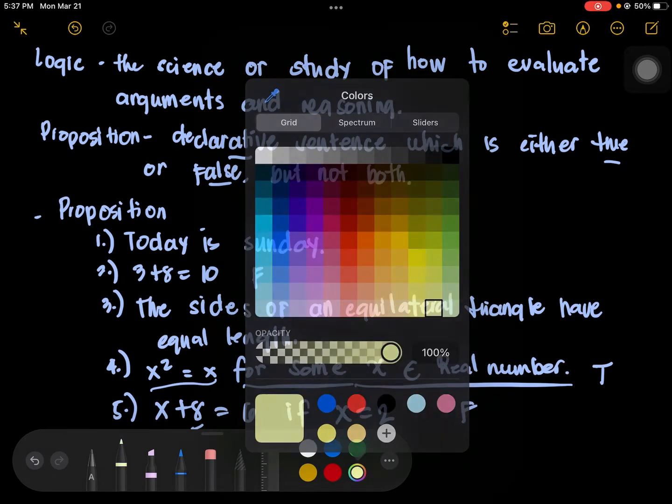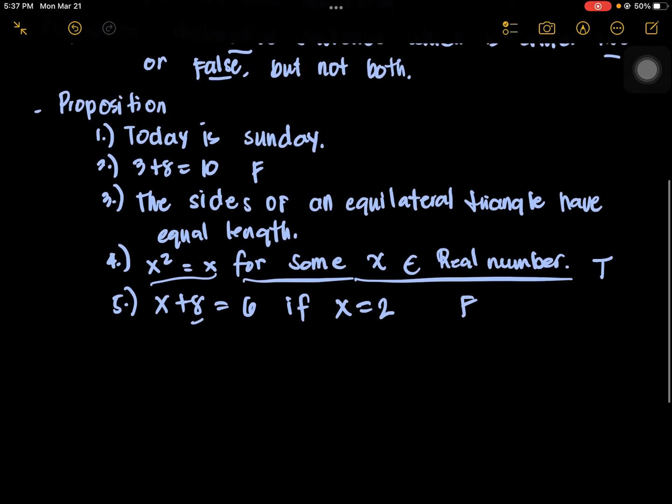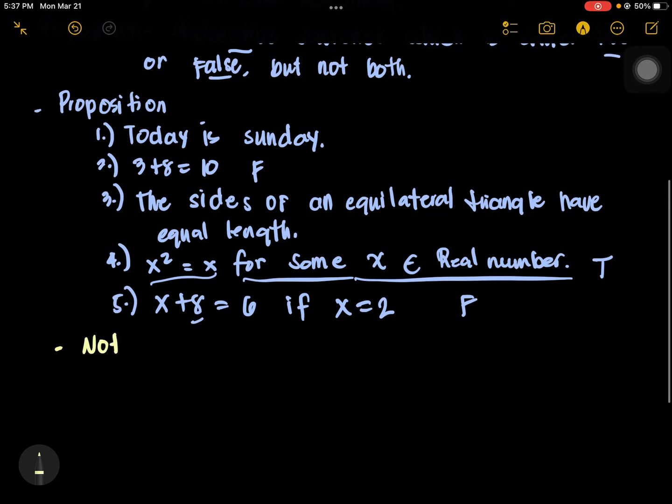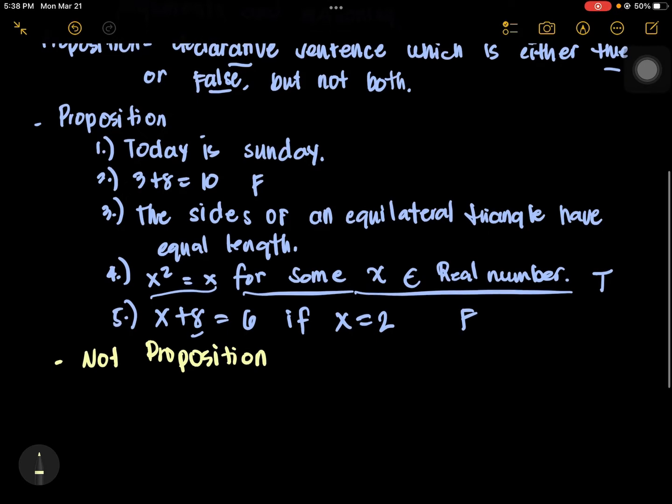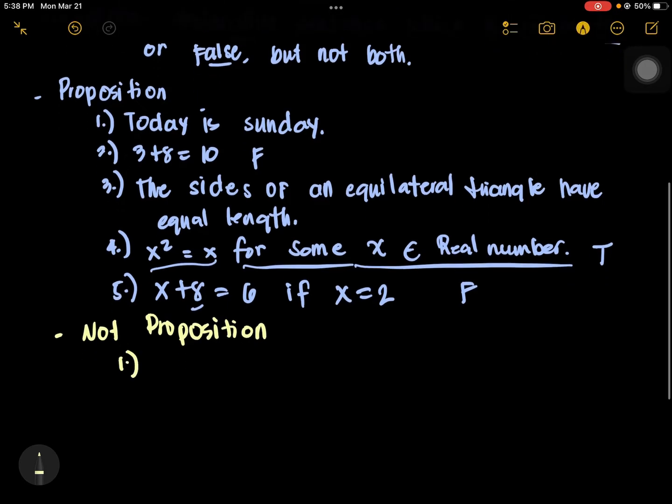Now, I'll give you examples of not proposition to better understand this. What is not proposition? It is not declarative, and the truth value can be both. So an example here is, number 1: Write this neatly.